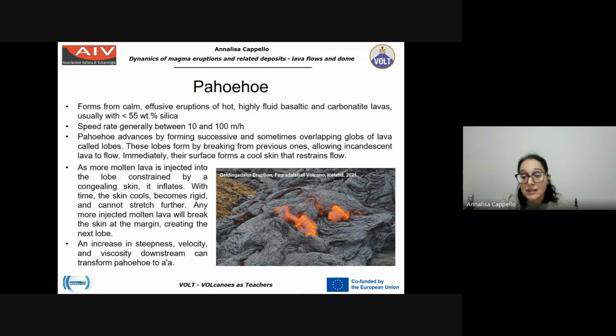The main characteristic of this lava is that it is made up of overlapping globes of lava that are called lobes.